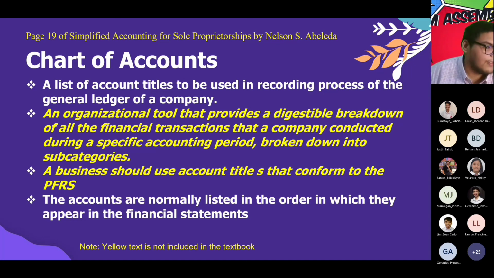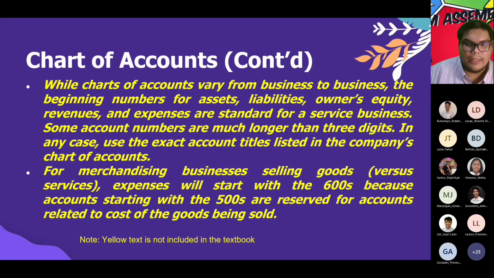Okay. The accounts are normally listed in the order in which they appear in the financial statements. Okay. So, another mahaba. While chart of accounts vary from one business to another. Iba naman po kasi ang chart of accounts, let's say, ni Jollibee versus a chart of accounts of a bank.